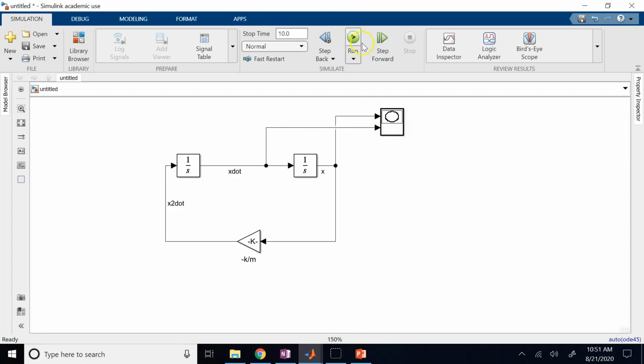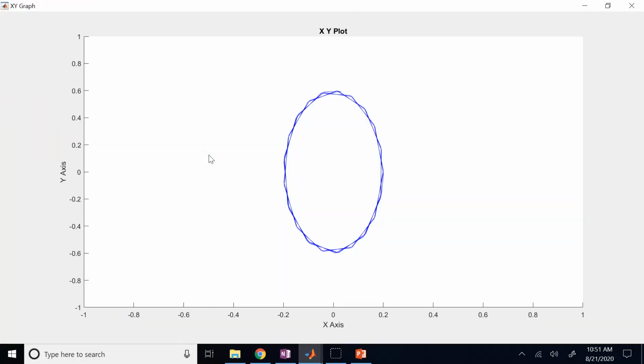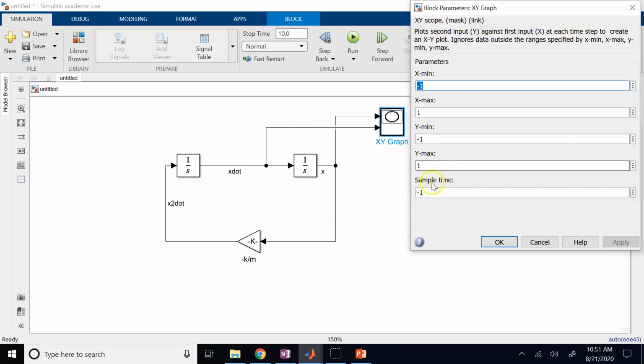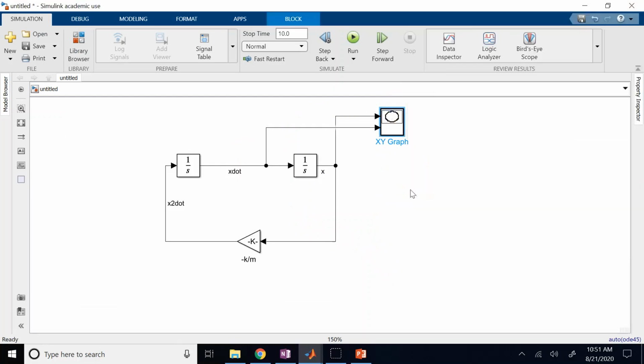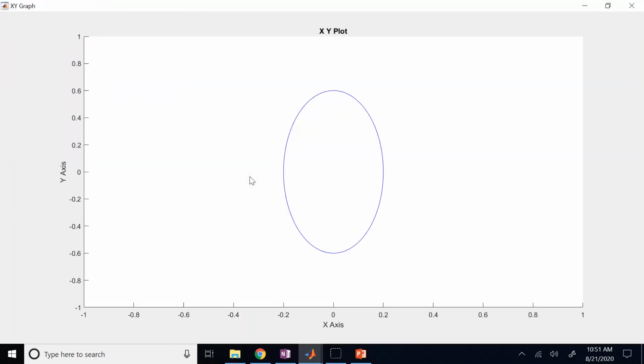Okay, so I'm plotting x versus x dot, and now you run it, and there we go. So easily you can see that. Again, here I guess the sample time is not really good. Let me increase that, do it one more time. There we go. Perfect ellipse.